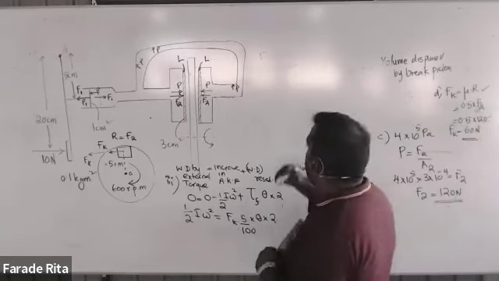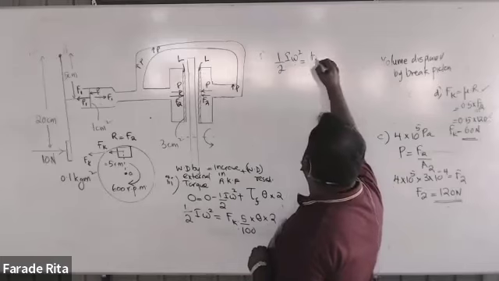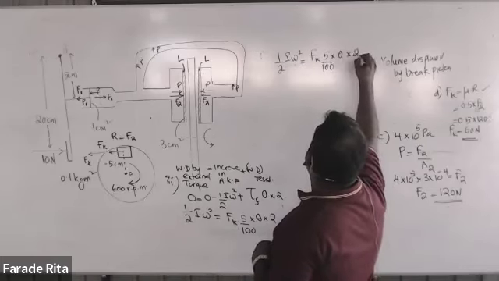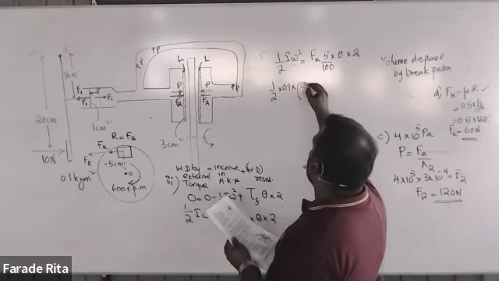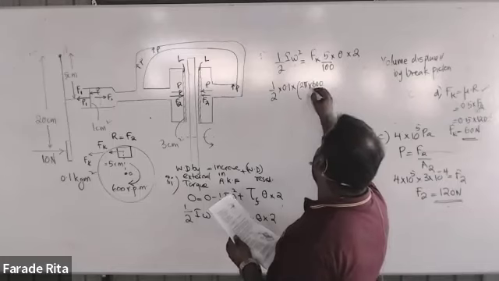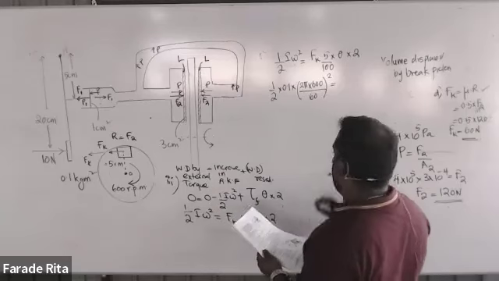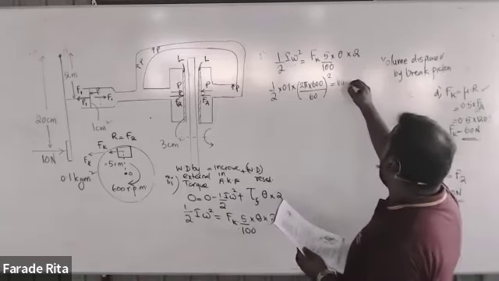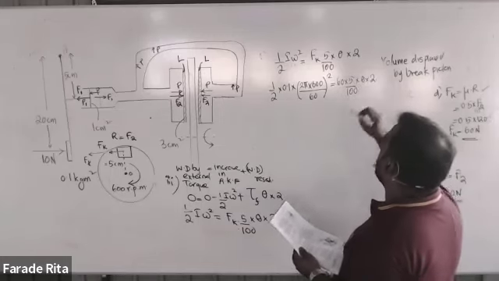Look at the board. Half I omega squared equals friction, 5 over 100, into theta into 2. Moment of inertia 0.1, omega is 2 pi n, n is 600 divided by 60, squared. Friction we have found, 60, sorry, 5 over 100 into theta times 2.